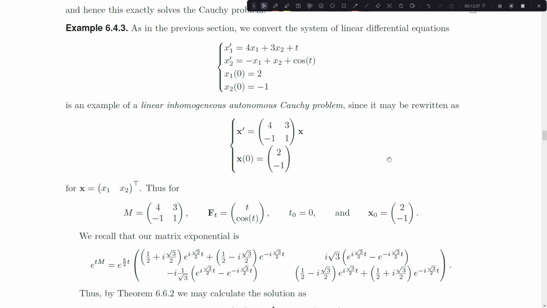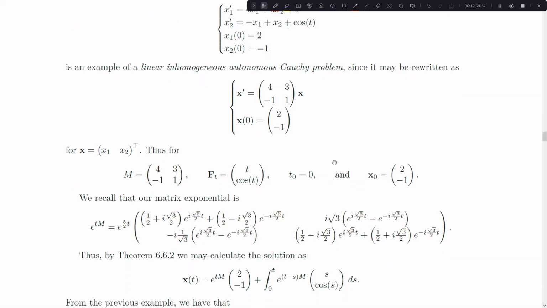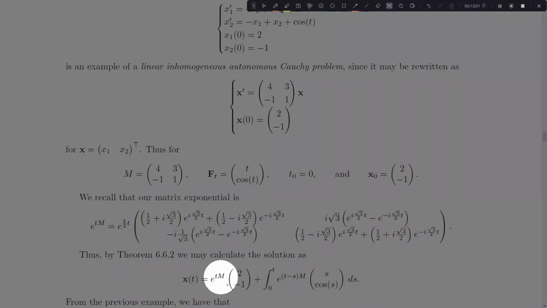And we can recall what our matrix exponential is based off of the last section because the matrix has not changed. The matrix M is the same as in the last section, but now I just have to compute my extra Duhamel's principle term, right? So the matrix exponential is the same as before, and my solution has the same solution we had before, but I have this special Duhamel's principle term.